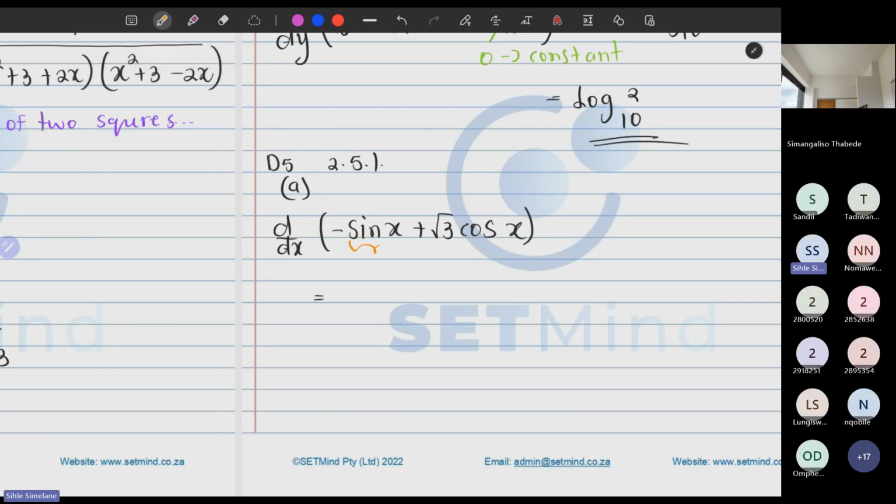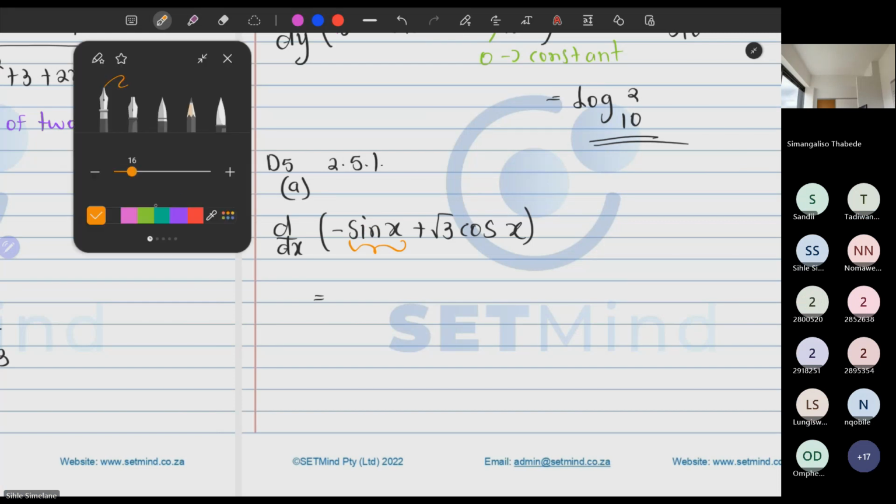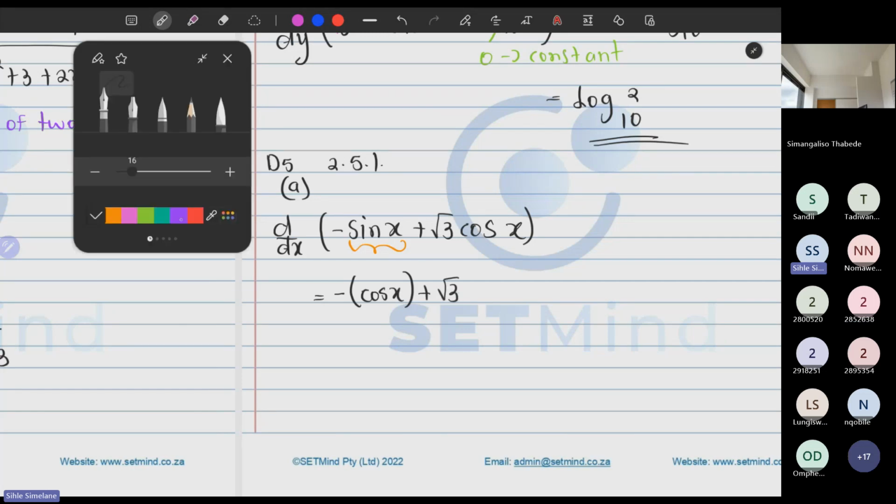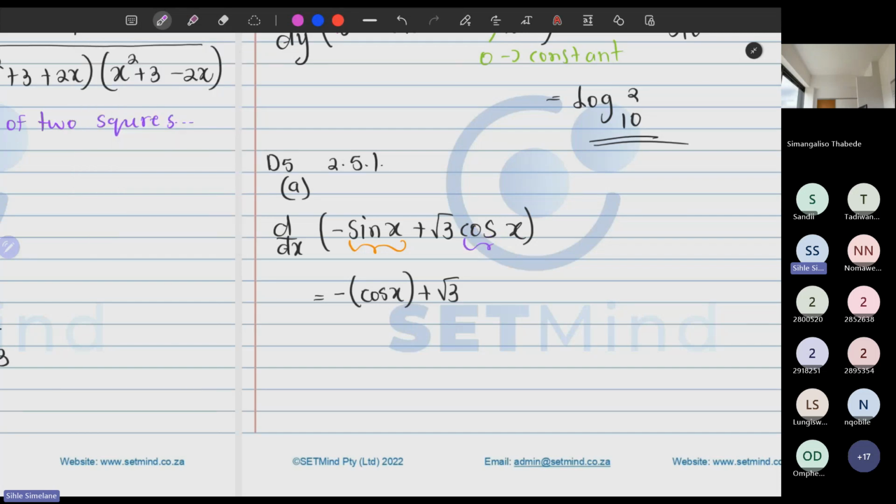What is the derivative of sine? Anyone? Cos. It is cos x. Okay, let's go ahead, plus square root 3. Now we are here. What is the derivative of cos?